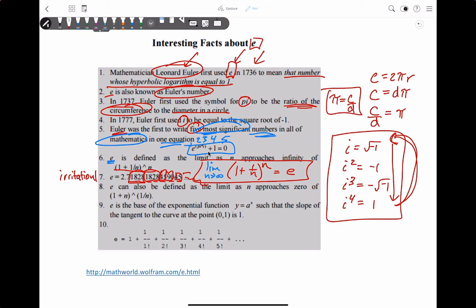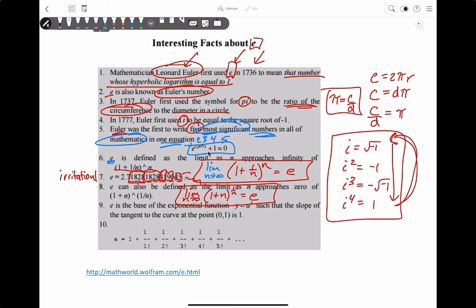e can also be defined as the limit as n approaches 0 of 1 plus n to the power of 1 over n. This is another way that we can look at it, with the limit equaling e as it approaches 0.